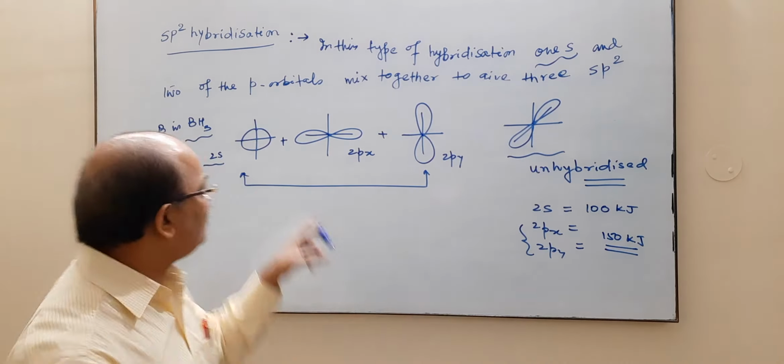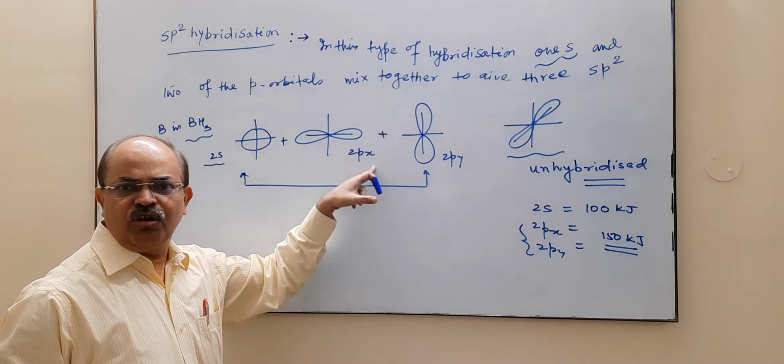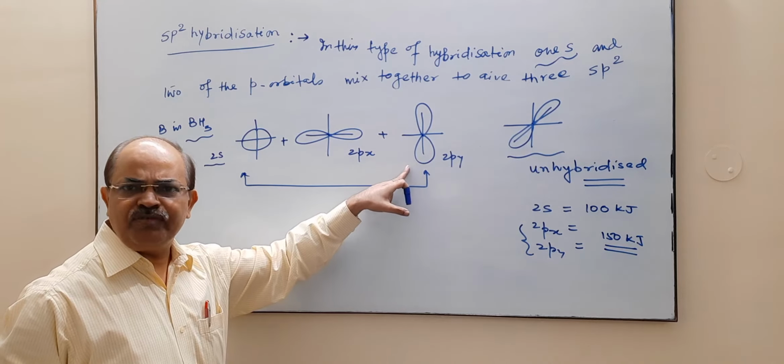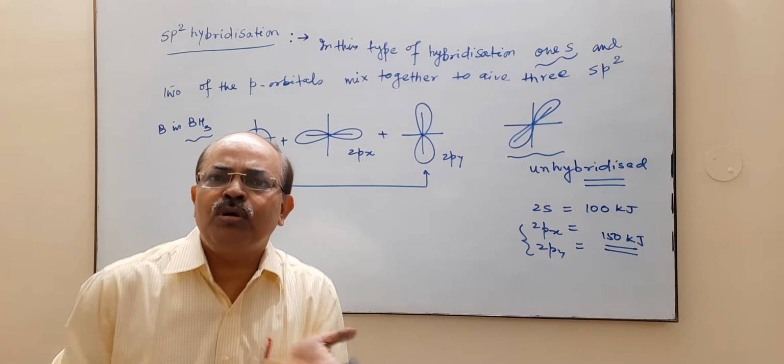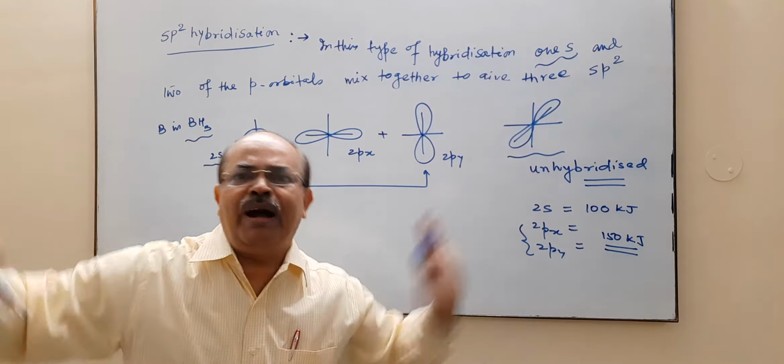So if you sum up the energy of these three orbitals, it is 150, 150, 300, and 300 plus 100 is 400 kilojoule. So you have to divide it equally among the three.